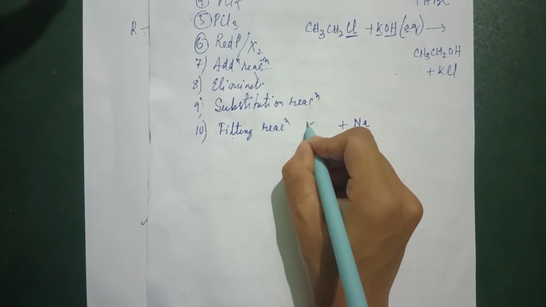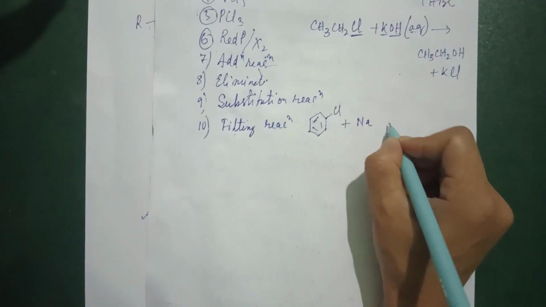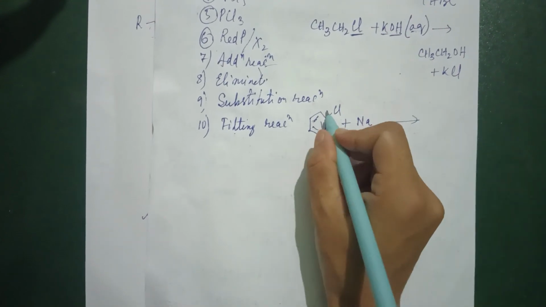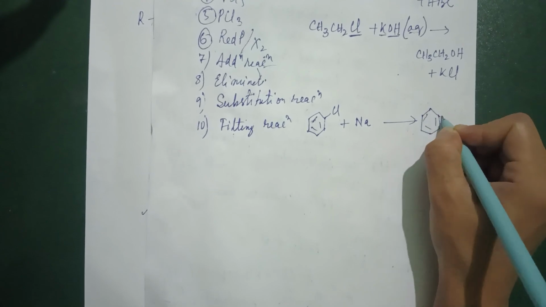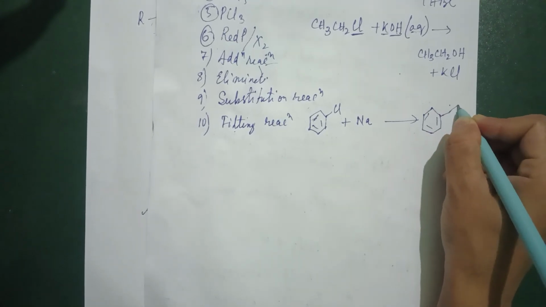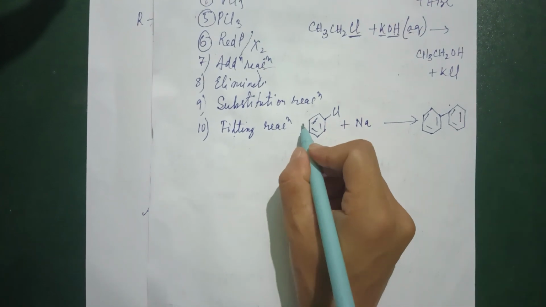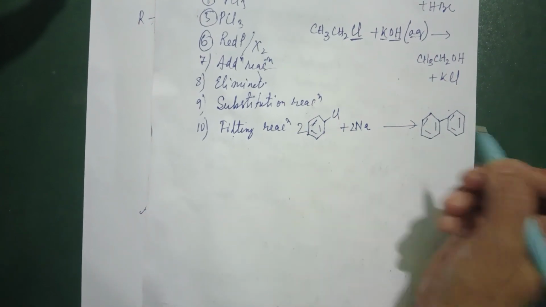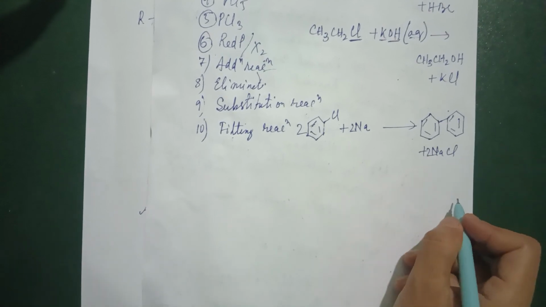So with the ring halide, we have taken one, and it will just get doubled. So that is the Wurtz-type reaction, same as that.